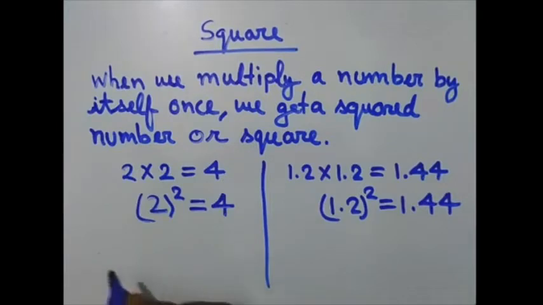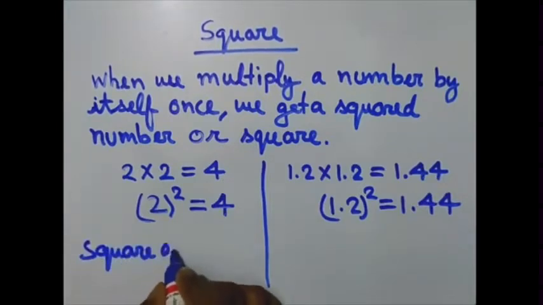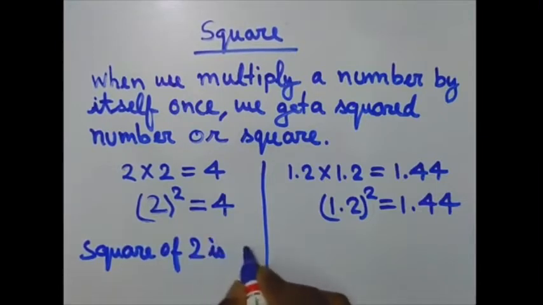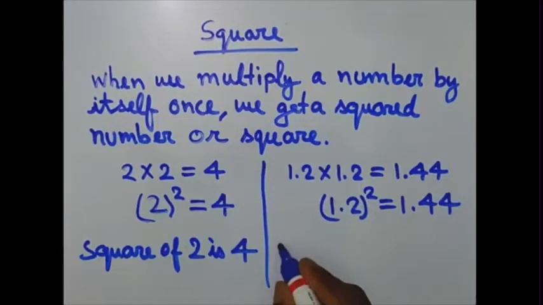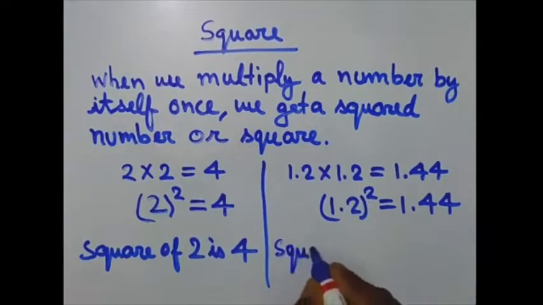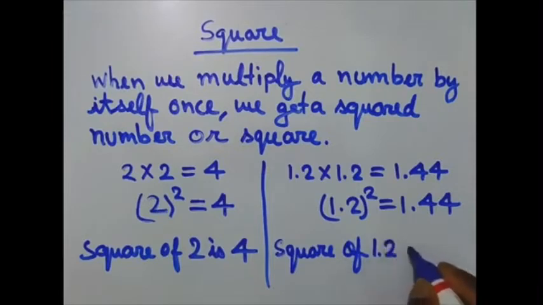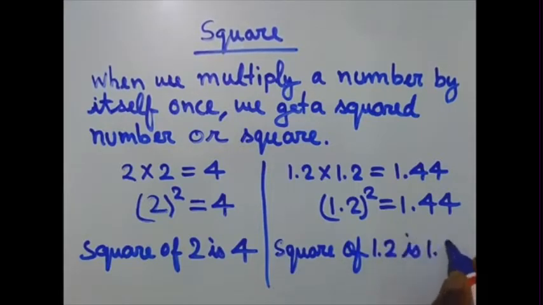So here we can say that square of 2 is 4. And here we can say square of 1.2 is 1.44. Clear?